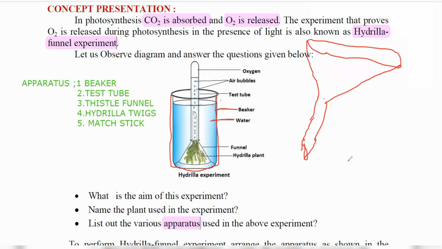So you have to insert the hydrilla twigs into the thistle funnel.